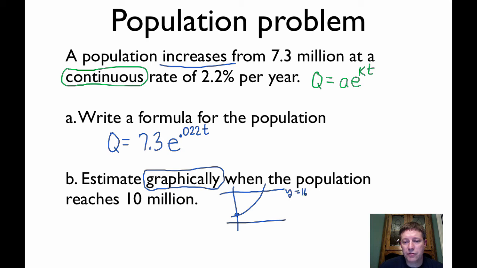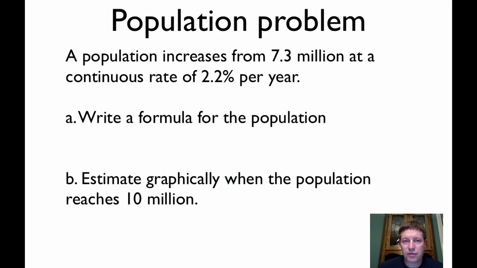This is just a general sketch of what your calculator is going to do. So you've got your exponential function and you've got your constant function, and your job is to find out when the population will reach 10 million. When would be this number right there, and that would be in years according to the problem. So once again, I'd like you to do this on your calculator, and you can expect that to show up on a quiz in the near future.